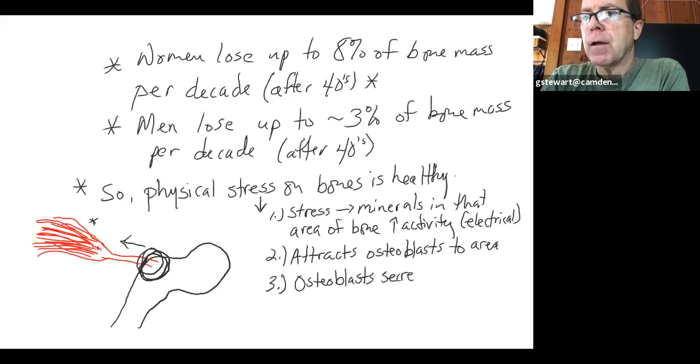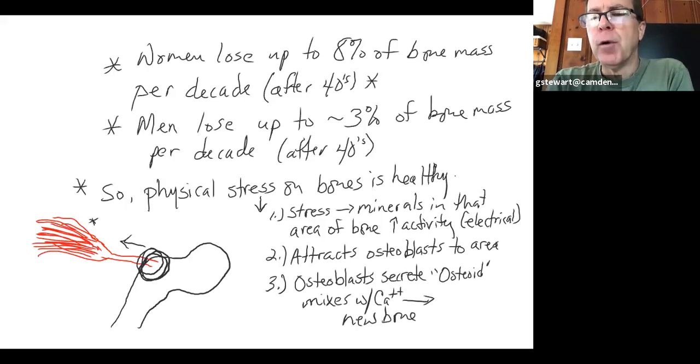They secrete osteoid, which mixes with calcium being brought in from the blood to make new bone, which is called ossification.